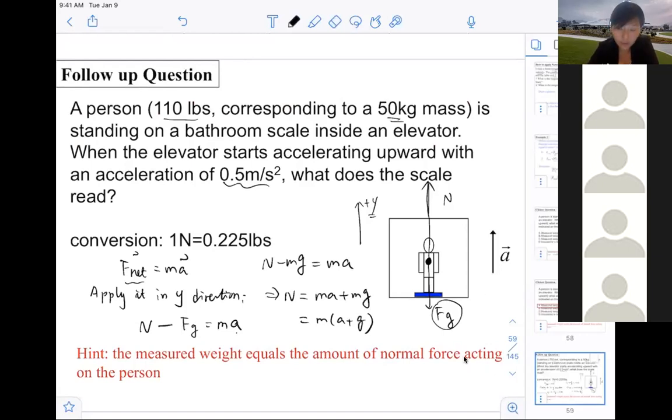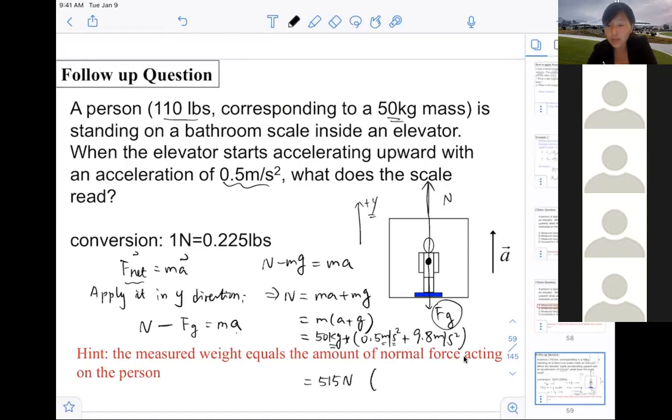And let's plug in some numbers. The mass is 50 kilograms, acceleration is 0.5 meters per second squared, and little g is 9.8 meters per second squared. Because all of these are already in SI units, it will give me the force in newtons, so 515 newtons.